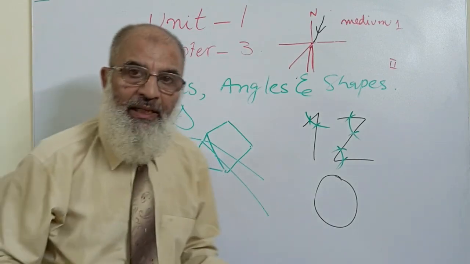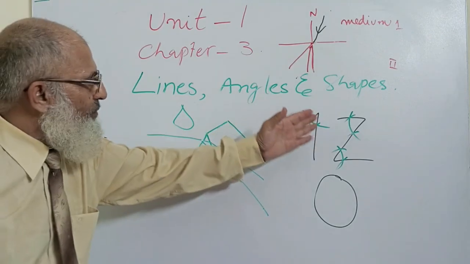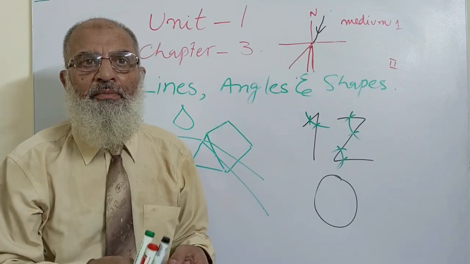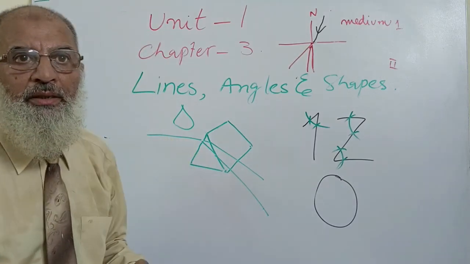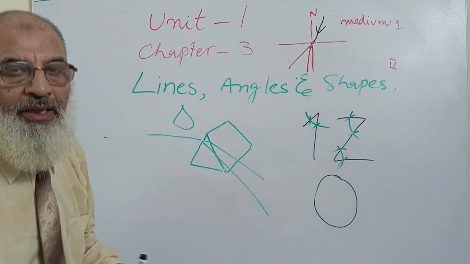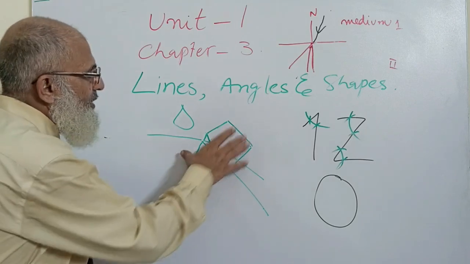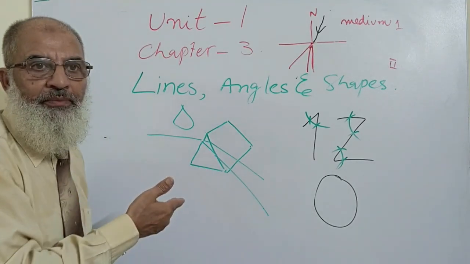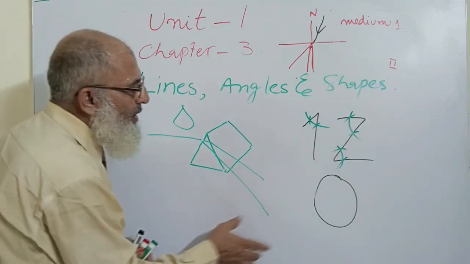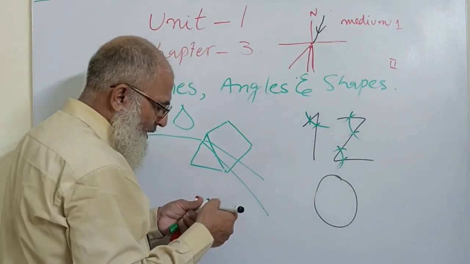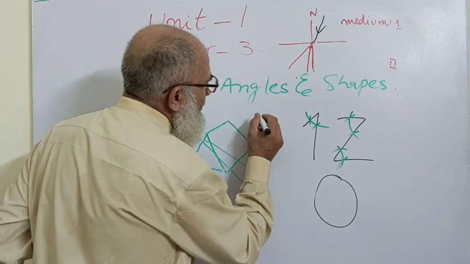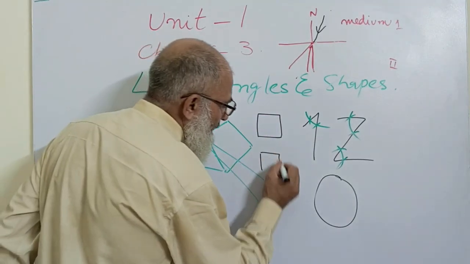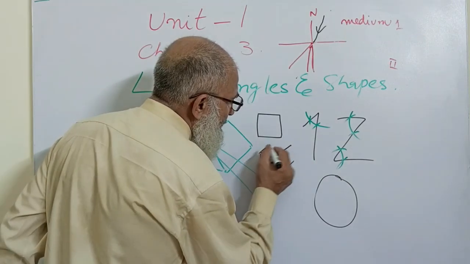So that was angles, and what was the shape? Shapes are the different geometrical shapes, maybe three-dimensional or two-dimensional. These are called shapes. Now this is one shape: this is a prism, a three-dimensional shape. If you draw it like this, it is a sphere, and like this is three-dimensional.